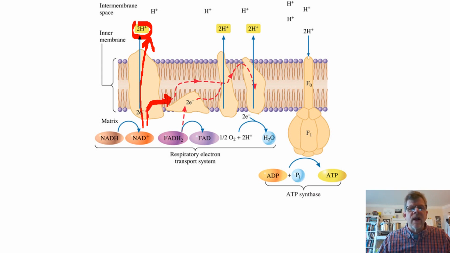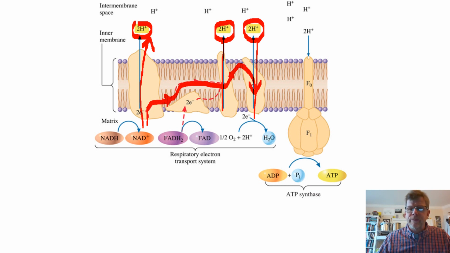And then these 2 electrons go through the next protein, pumping 2 hydrogen ions into the intermembrane space. And finally, the electrons give up the last of their energy going through that 3rd transmembrane protein, again pumping 2 hydrogen ions into the intermembrane space.